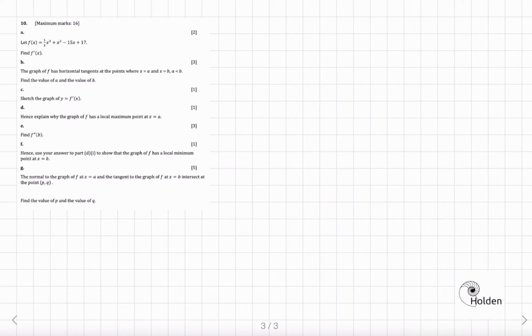E: find the second derivative at b. So the first thing we need to do: it's telling us that we're going to look at b equal to 3.